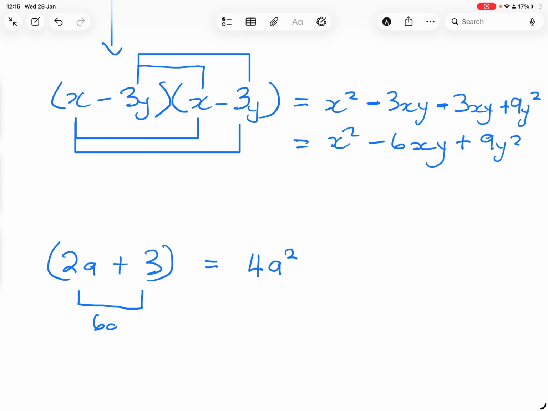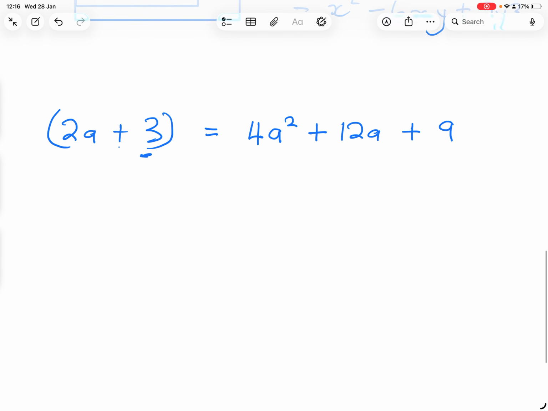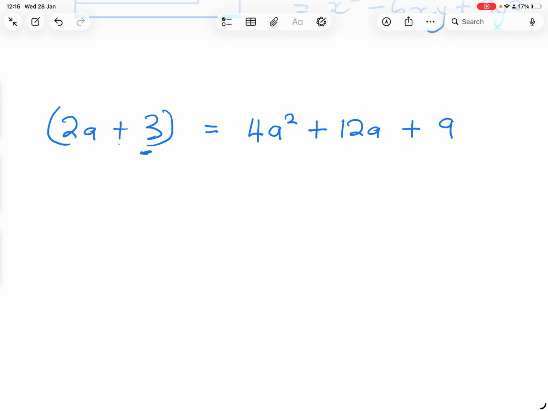That will give us 6a. But remember, we multiply that by 2. And so we keep the sign that is in the middle there. So that will be plus 12a. And for the final term, we're going to say 3 squared, that is plus 9. And so that is how the cookie crumbles, ladies and gents.